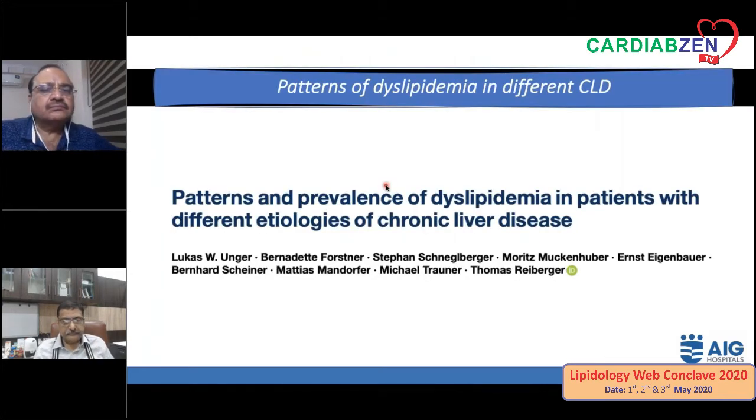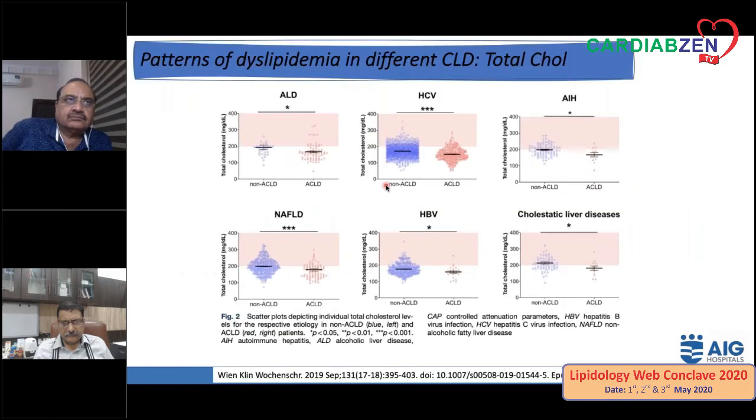There are papers on patterns and prevalence of dyslipidemia in patients with different etiologies of chronic liver disease. As we know, cirrhosis may be because of alcohol, it may be because of hepatitis B, C, autoimmune hepatitis. This was a very nice study where they assessed the cholesterol and the LDL levels of different diseases like alcoholic, hepatitis C, and autoimmune.